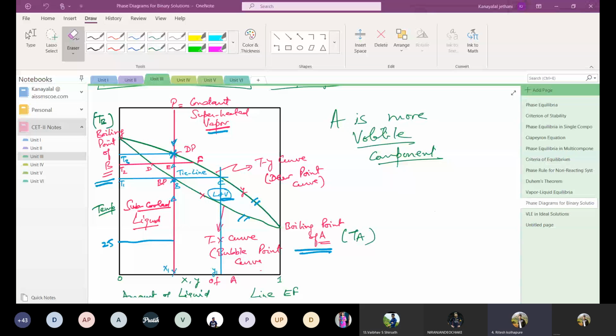Sir, please explain y1 again. Why is y1 greater than x1?